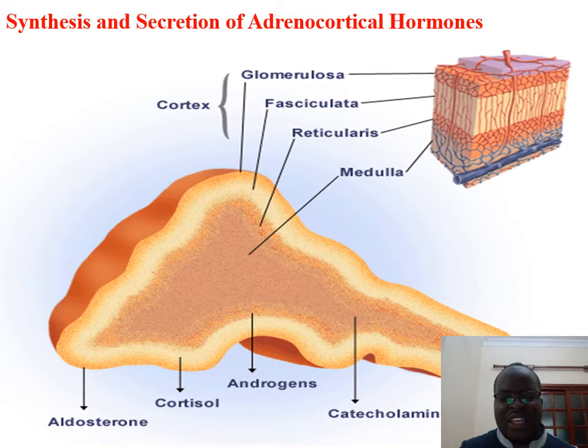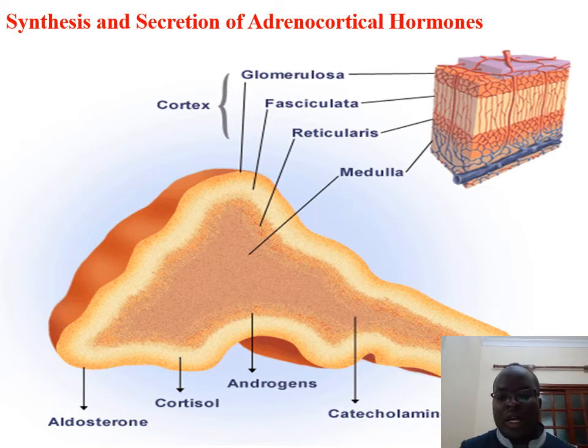Aldosterone doesn't respond much to adrenocorticotropic hormone; it responds to potassium levels and angiotensin II. Cortisol responds more to ACTH and is produced within the zona fasciculata. The zona reticularis produces more androgens.